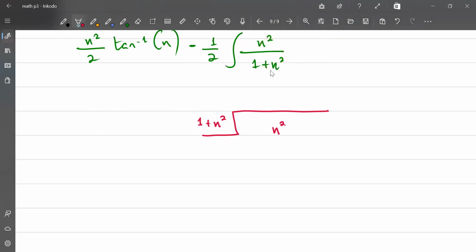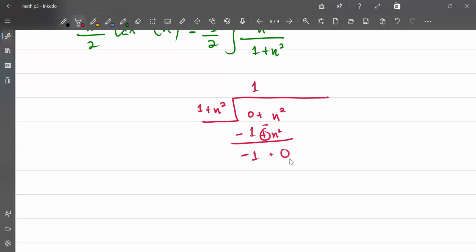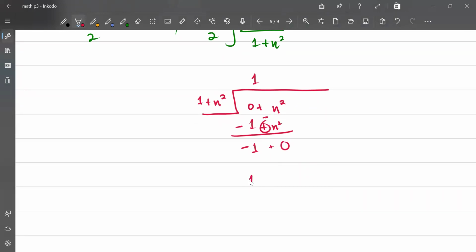It is an improper function. And as we studied in earlier chapters, we will simply divide it: 0 plus x square divided by 1 plus x square. As we divide it, we will get 1 whole minus 1 upon 1 plus x square.